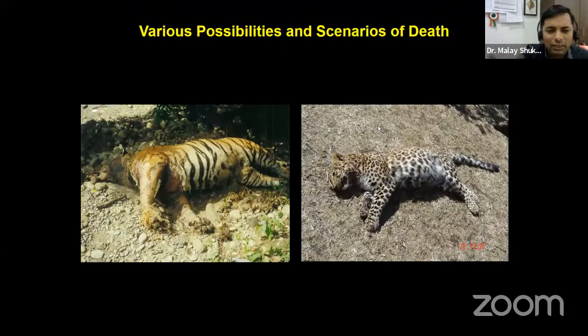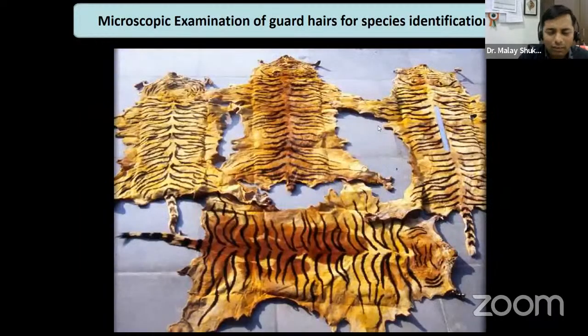As you can see here, there can be various possibilities and scenarios of death, like whether it has been accidentally killed or killed by poisoning. In human forensics, we are more interested in time since death, when the death occurred. But unlike that, in non-human cases we are not interested in when the death occurred, except in a few cases, right?